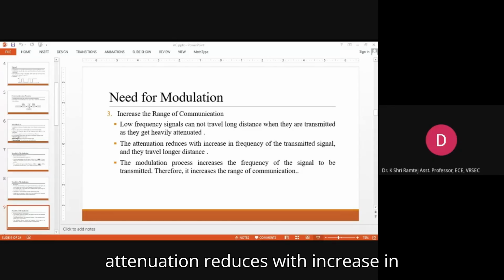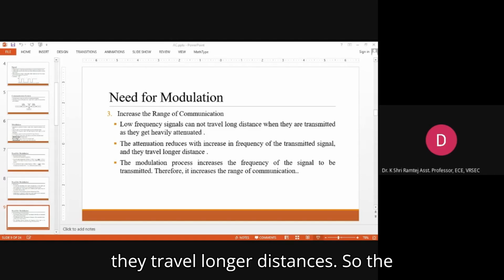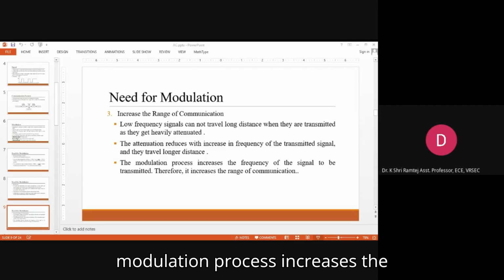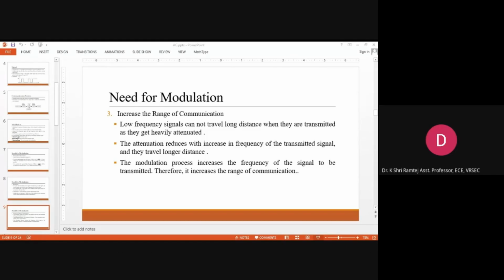So the attenuation reduces with increase in frequency of the transmitted signal, and they travel longer distances. So the modulation process increases the frequency of the signal, and hence it will increase the range of communication.